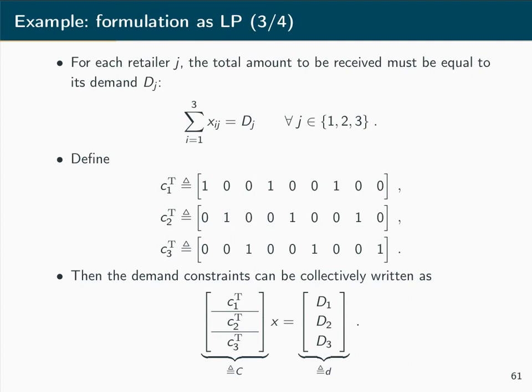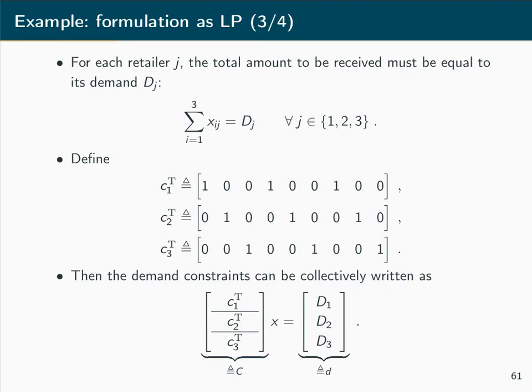Now we again bring this into a vector notation by defining the three vectors c1, c2, and c3 in this way. And then, since all of these three demand satisfactions must hold at the same time, we have to stack them up as vector equalities.